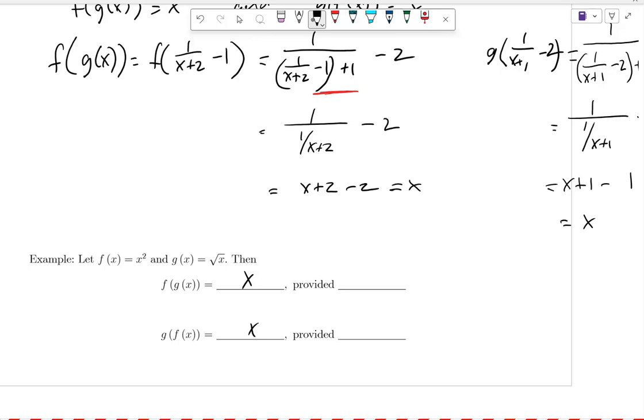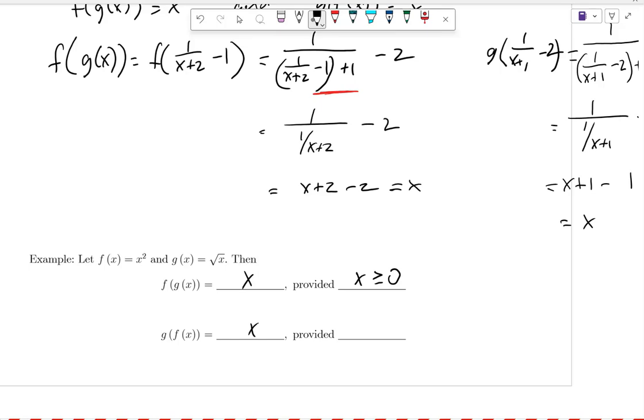X has to be, what can't it be? 0 is okay, but what can't it be? Negative numbers, right? I can't put in a negative. So in that first case, it only works if x is non-negative, if x is greater than or equal to 0.